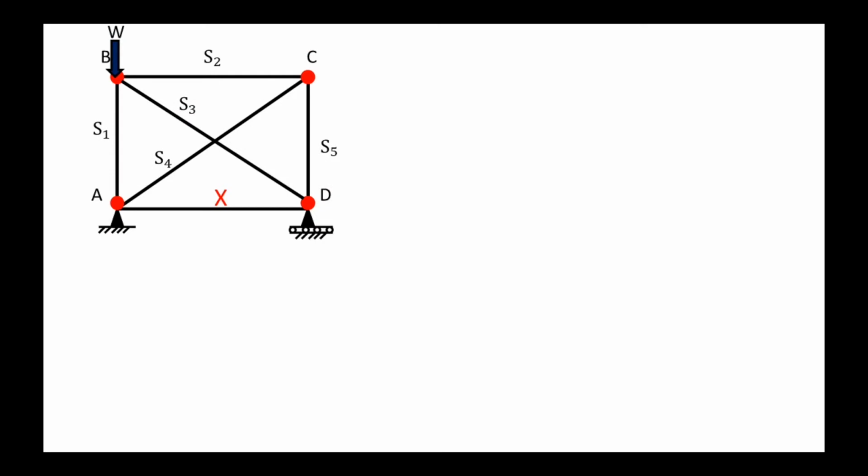Now suppose this is a frame which is the indeterminate frame, where we have to find out the forces in member AB, BC, CD, BD, AD and AC. Let us assume that the forces in members are S1, S2, S3, S4 and S5.